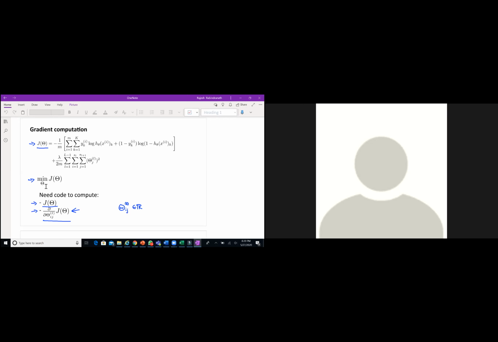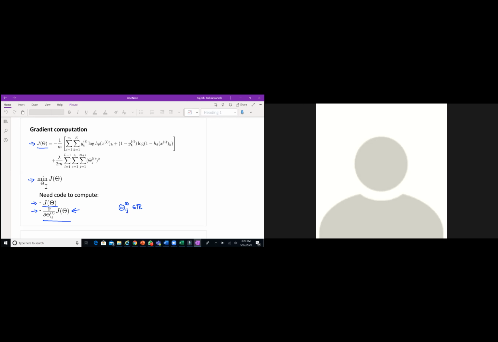So how do you do that? You need to find J theta for all theta, and it has to be minimal. For that, you have to take the partial derivative of J theta for all the values of theta. That is what it is. Is it clear?